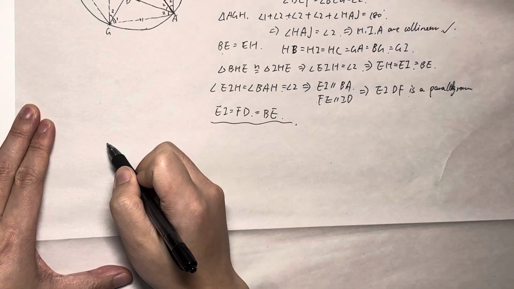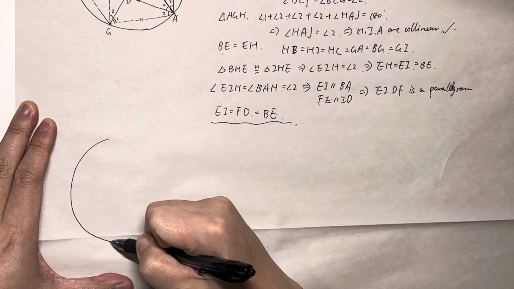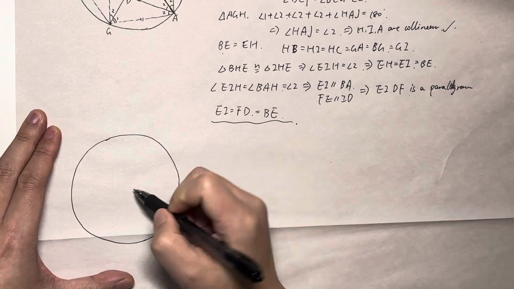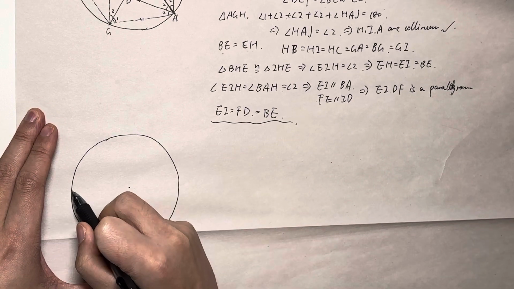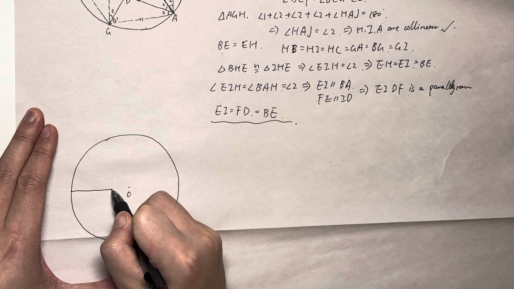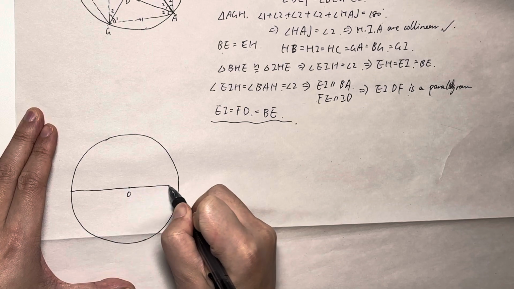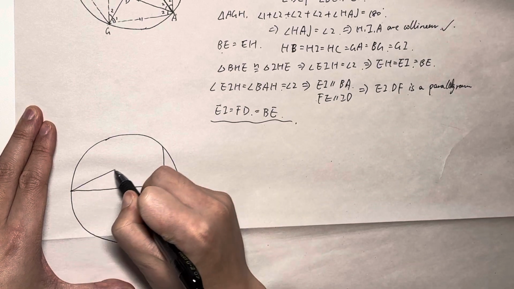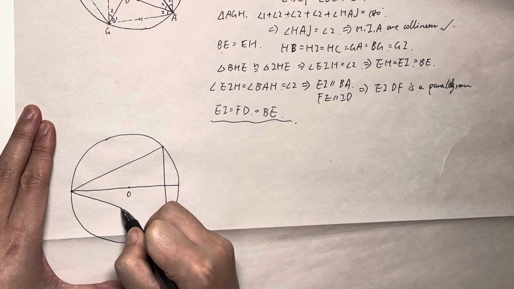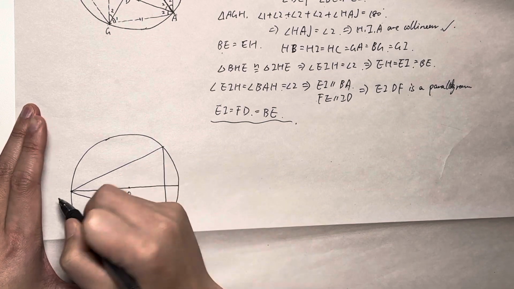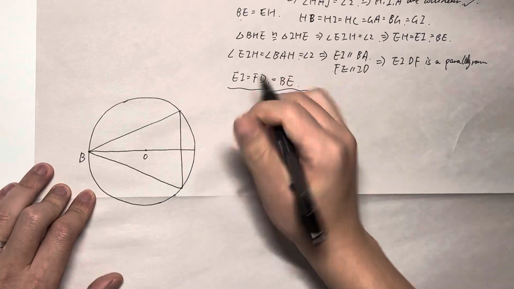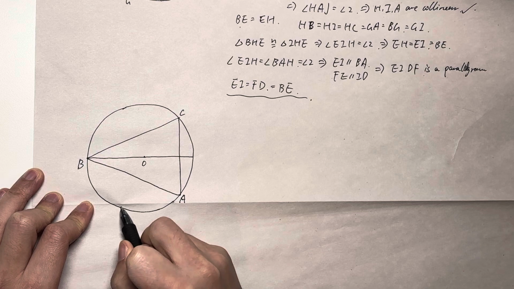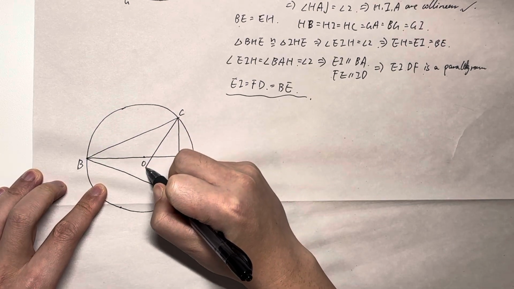Let me draw the figure first. We have O here, so let's just find B first, and then we connect this one. I'll explain why I do this. So this is point B, this is A, this is C, and we find the midpoint of arc BA and connect it.